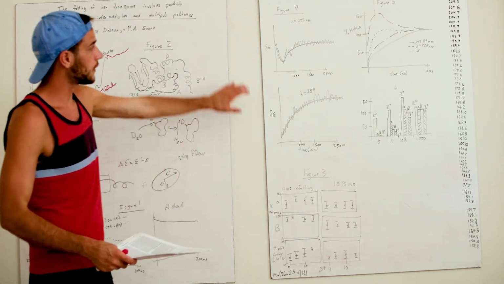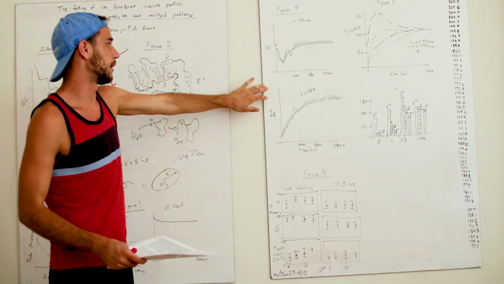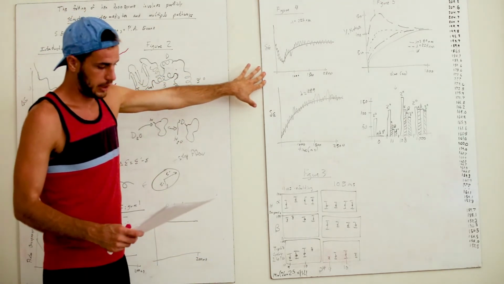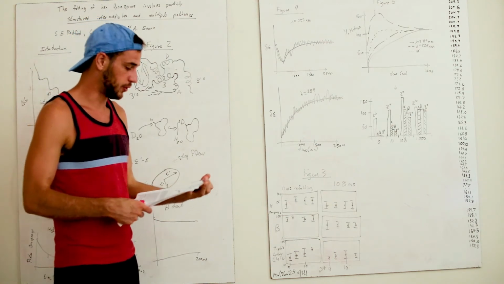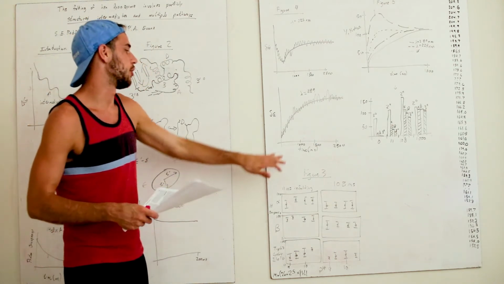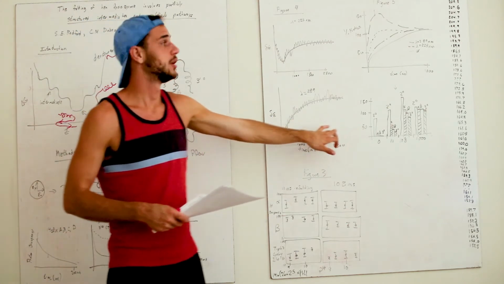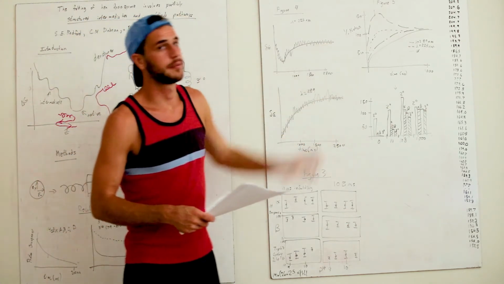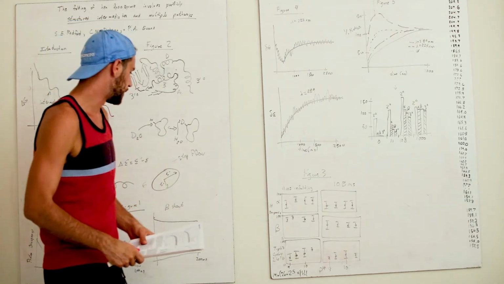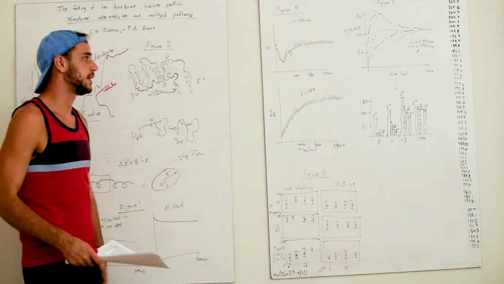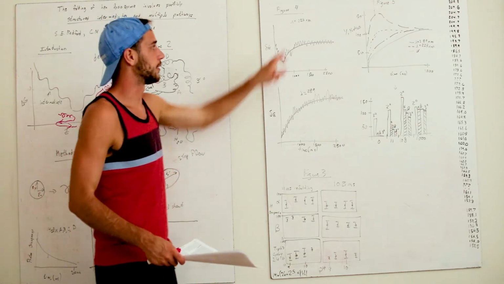Then we have figures 4 and 5. Figure 4 in particular is the refolding kinetics once again. So you go from unfolded to folded, denatured to native. What you can see is the signal of this CD spectra for different wavelengths.